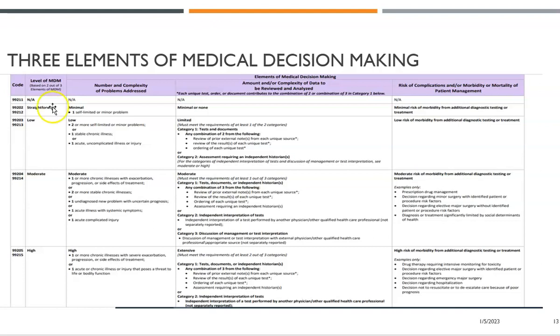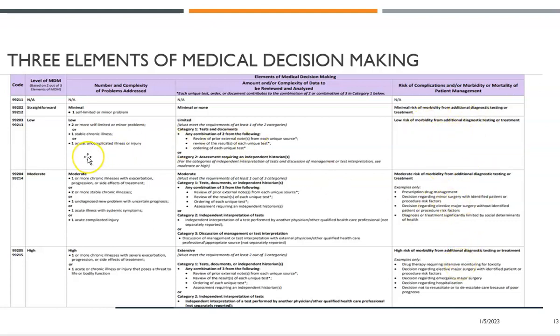Meaning, if you look at the code in the first column, the second column has straightforward, low, moderate, high. Then the third column has minimal, low, moderate, high. The fourth column, which is the amount of complexity of data to review, also has minimal, limited, moderate, extensive. And then the last column, the risk of complication, has minimal, low, moderate, high.